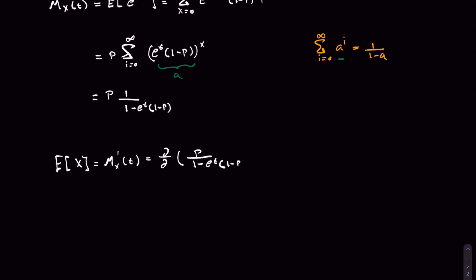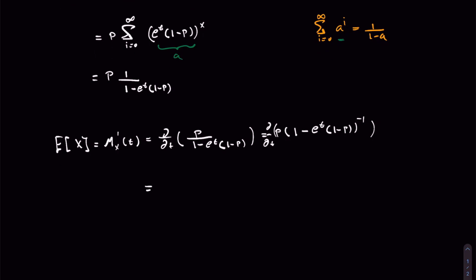I like to write it in the following terms: p times (1 minus e to the t (1 minus p)) to the power of minus 1, before we take the derivative. So let's take the derivative and see what we get.